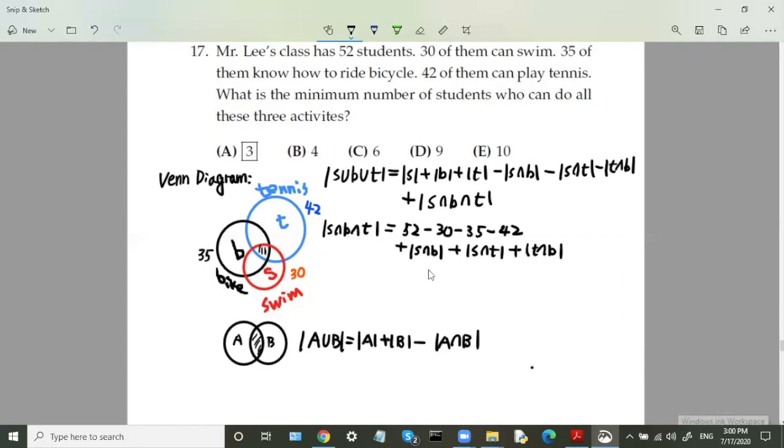So let's come back to calculate the minimum number for the two sets to intersect each other.